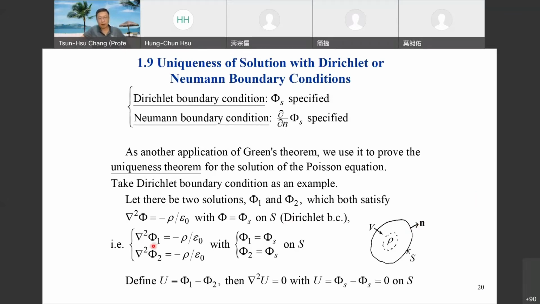And this is Poisson's equation. Rho is the charge distribution, depending on position, and phi is the potential on S, the surface enclosing this volume. This is the Dirichlet boundary condition.